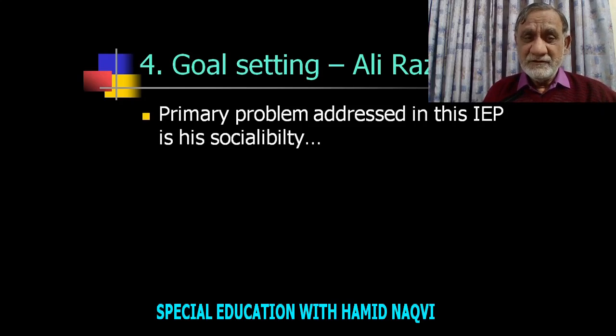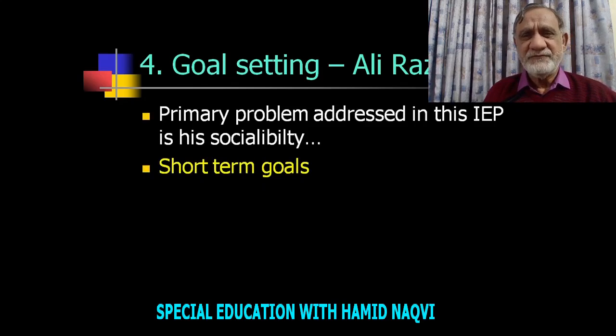But the ideal IEP is the one in which one problem, one issue is tried to be resolved. And in this particular case, that case of Ali Raza, in the IEP of Ali Raza we are trying to take care of his sociability side.